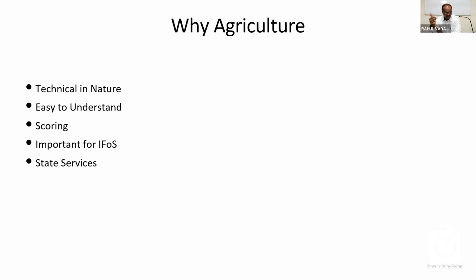Fourth, it is important for IFS. How many are targeting IFS? Only one. Why not the others? Is it not that important an exam? I can understand that everyone here wants to become IAS and IPS.